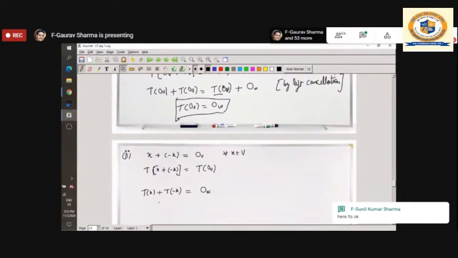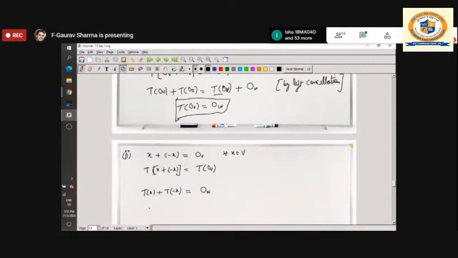Now W is also a vector space, and T of x is an element of W, so it will also contain the additive inverse of this element. Let us add the additive inverse on both sides.